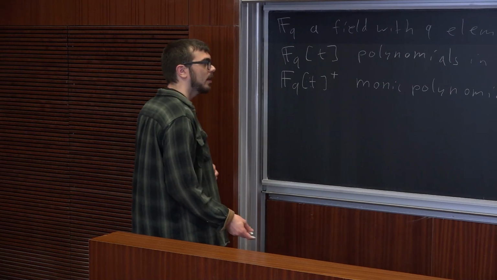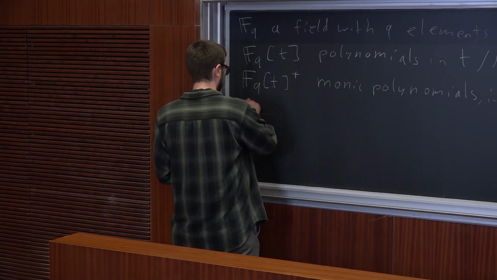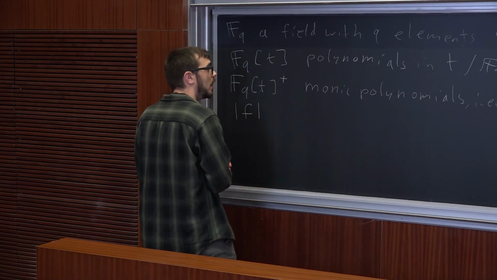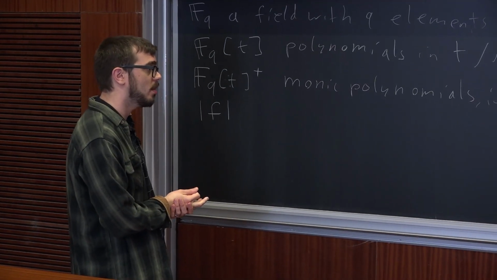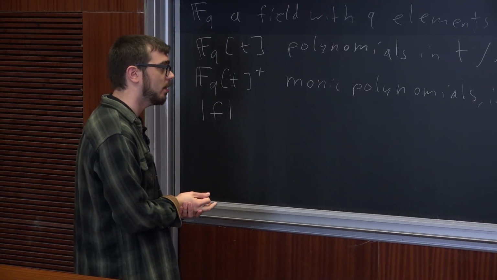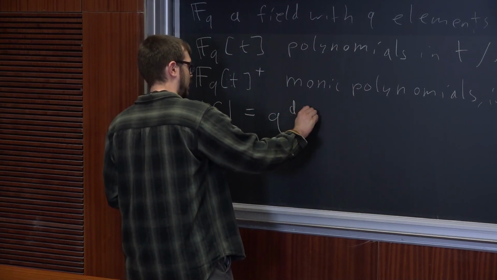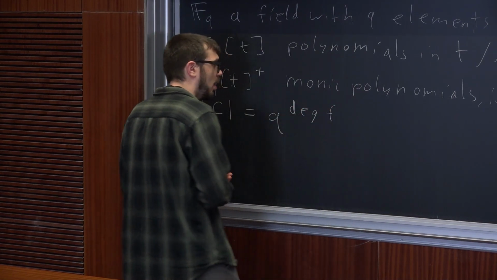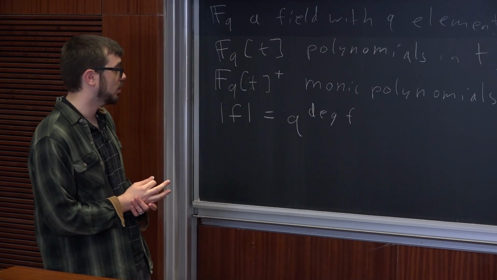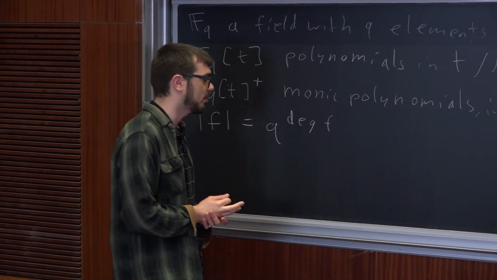And I have a notion of the absolute value of a polynomial, which is the same thing as just the size of the finite field q raised to the power of the degree of f.